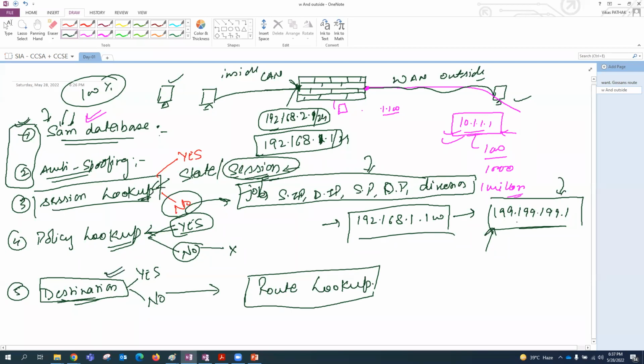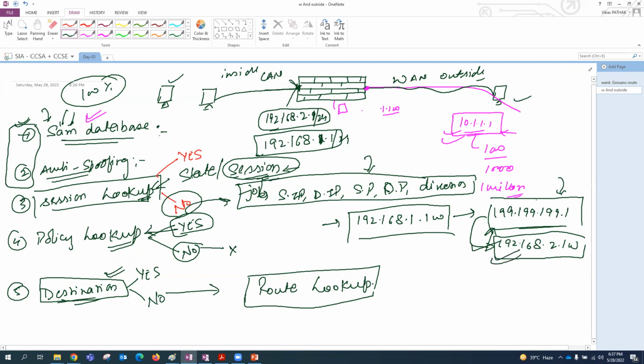Let's suppose this traffic was for internal and this traffic has been changed to 192.168.2.100. This is my internal server's IP, right? So let's suppose at the destination NAT section, this IP has been converted to this private IP.